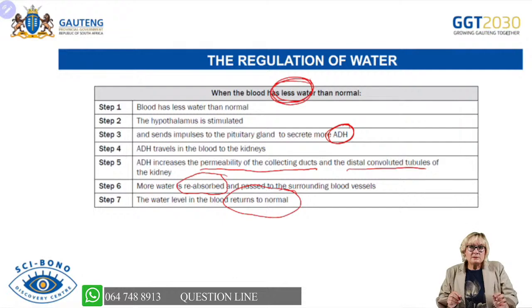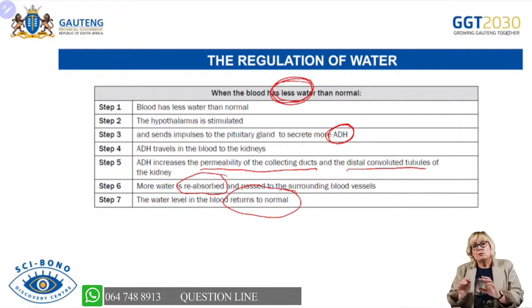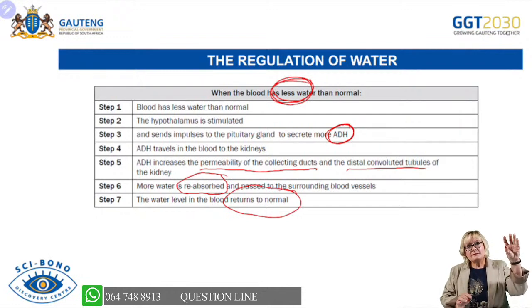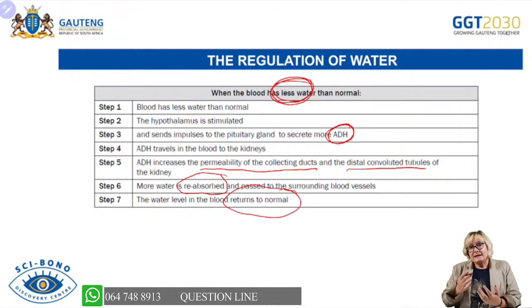So it's very important for you to know that with water, the hormone associated with that is ADH. All right. And the hypothalamus is going to get the stimulus, but the hypothalamus is actually telling the pituitary gland to secrete the ADH. And what does ADH do?